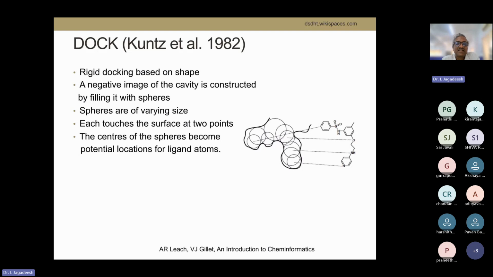Each touches the surface at 2 points, and at every back, front, top, everywhere there are interactions, and sphere overlaps will also be present when you see from the top. The center of the sphere becomes the potential location for the ligand.